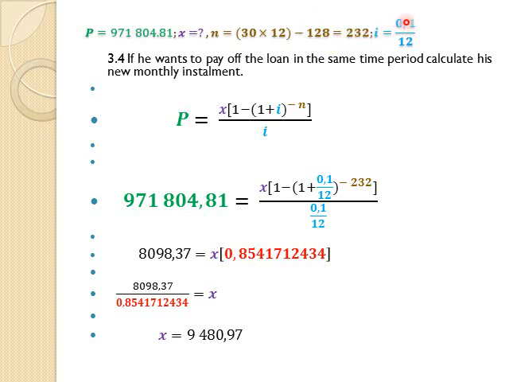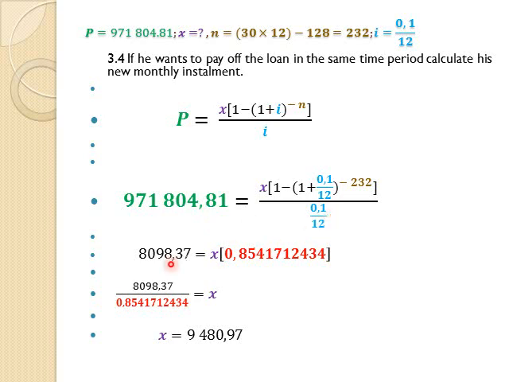I equals 0.1 over 12. So P, and now I assume you can see the formula, P being 971,804.81. Looking for X, (1 minus (1 plus 0.1 over 12) to the negative 232) over 0.1 over 12.